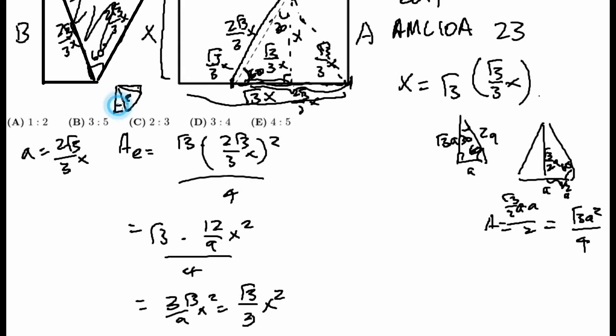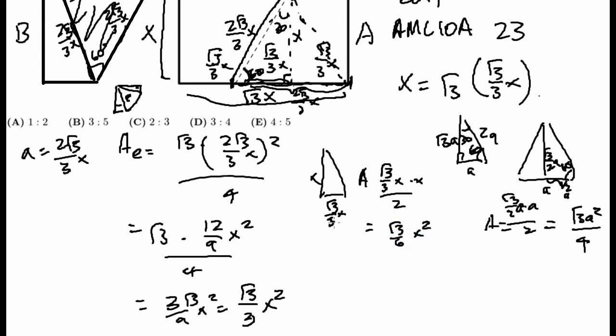What about the two right triangles that are on either side of it? They look sort of like this, square root 3 over 3x times x. Area of one of these is square root 3 over 3x times x over 2, which is square root 3 over 6x squared.